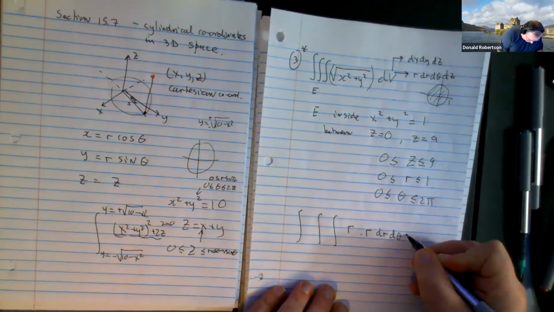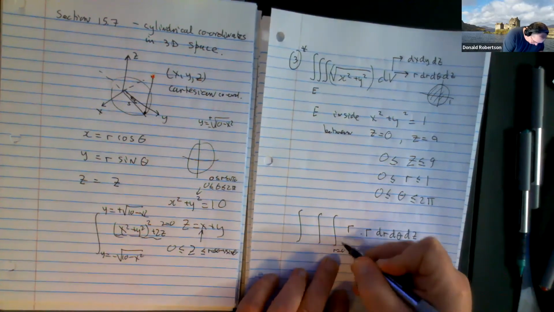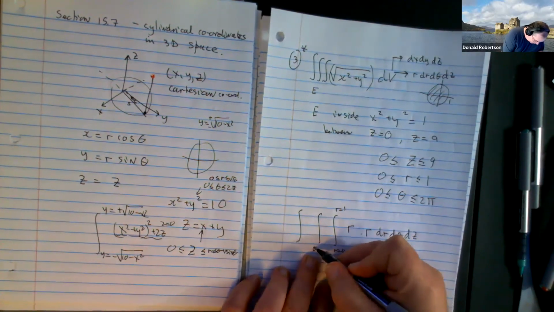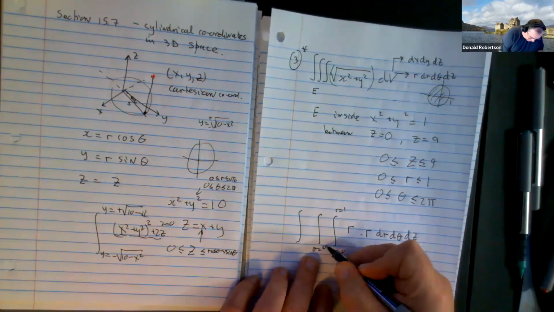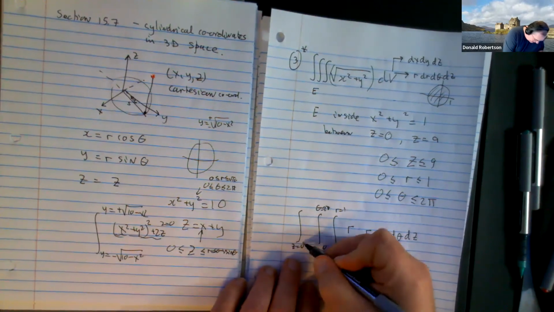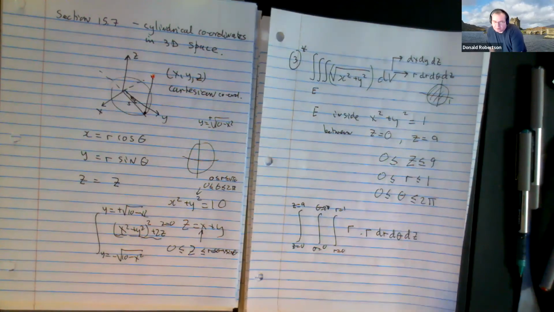And in this question, I've just decided to do the r's first. And then I'm going to do the thetas second. And then I'm going to finish with the z's last. In this particular question, does it matter which order I do them in?